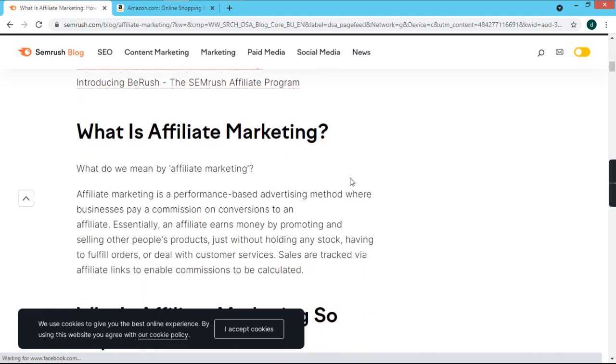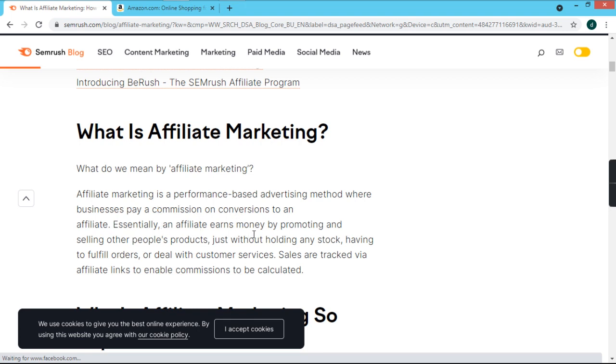So to summarize, affiliate marketing is a performance-based advertising method where businesses pay a commission on conversion to an affiliate.